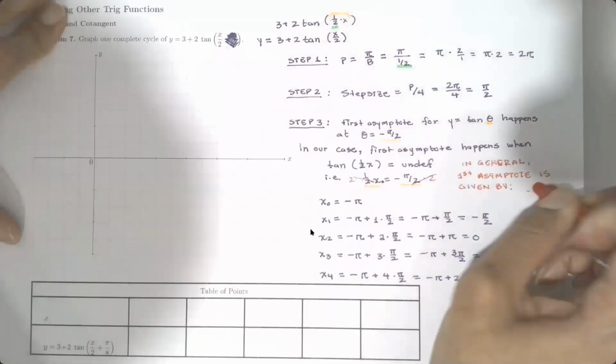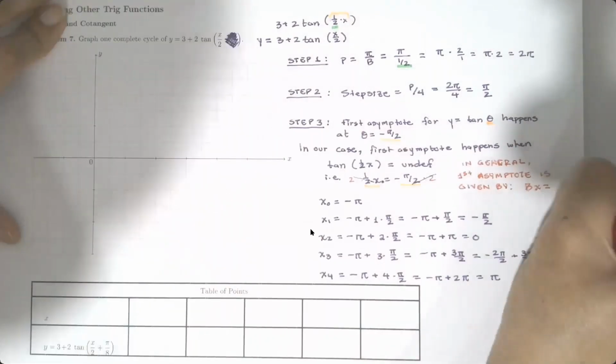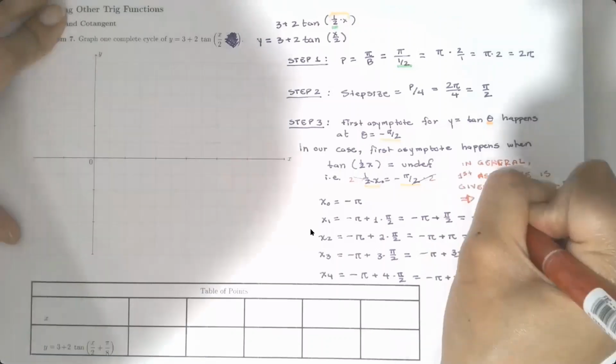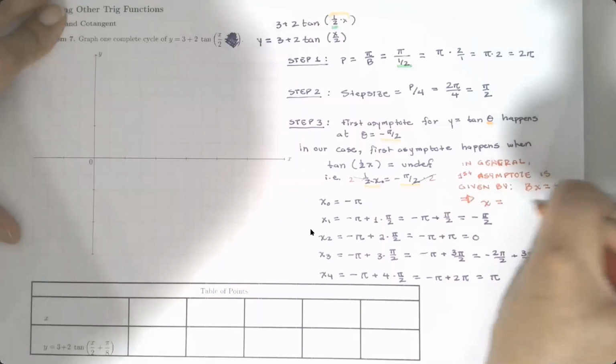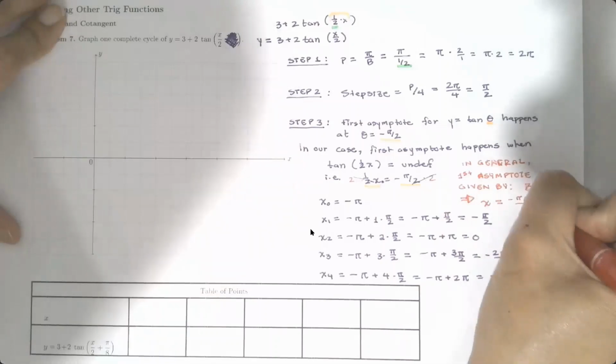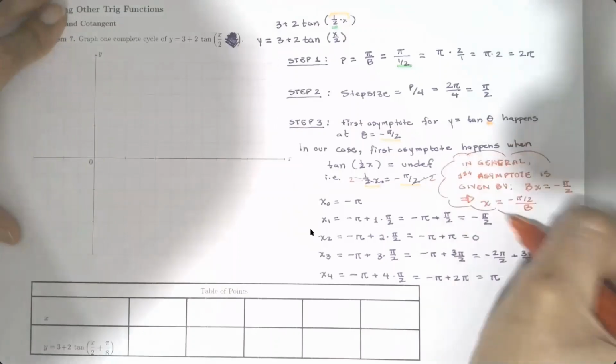In general, we're going to have b times x equal to negative pi over 2, which means that the first asymptote is always going to be negative pi over 2 divided by b. And that's what you have to remember for tangent.